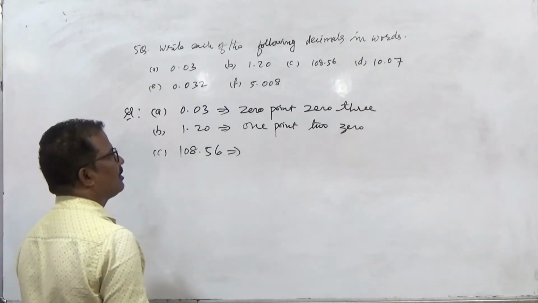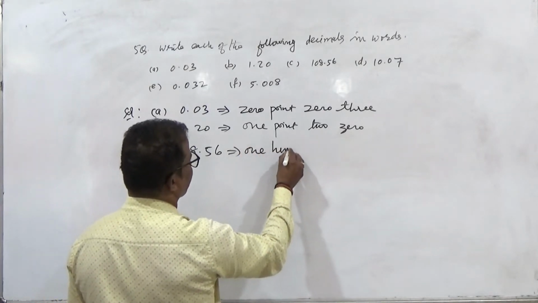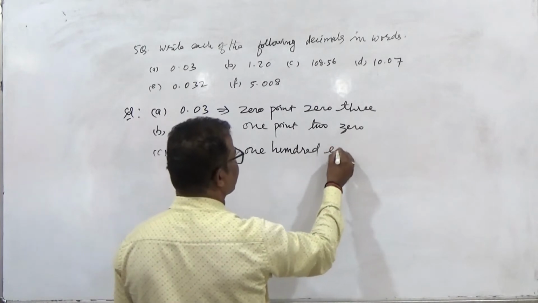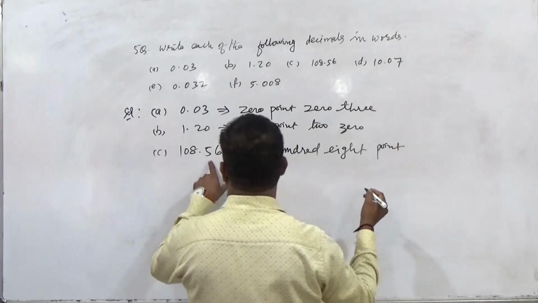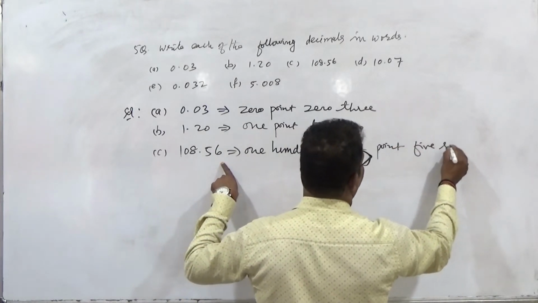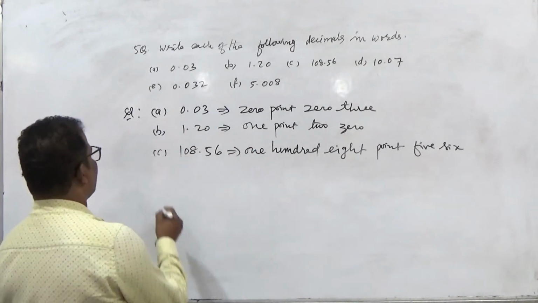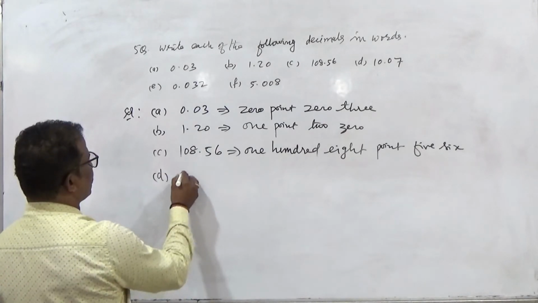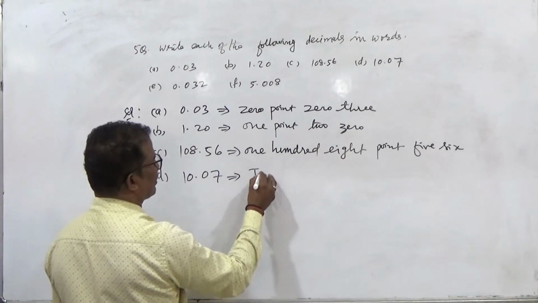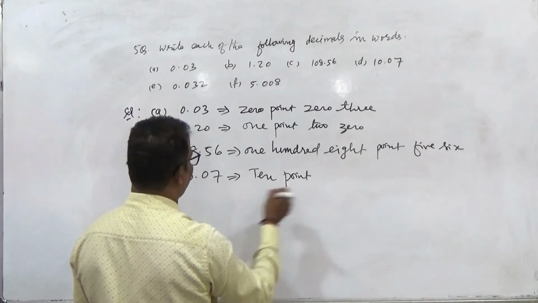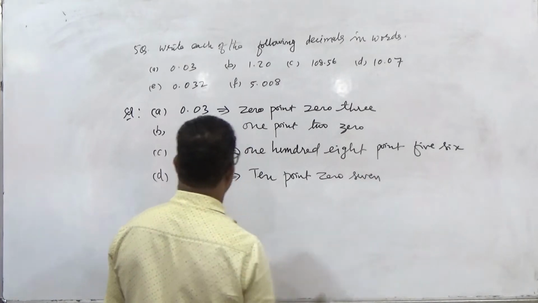So now see the next question, 108.56. We can write in sentence form, that is word form. It is how much? 108, then point, then 5, 6. So in this way we have to read 108.56 in decimal numbers. Now D, it is 10.07. We have to say 10, then point, then 0, 7.